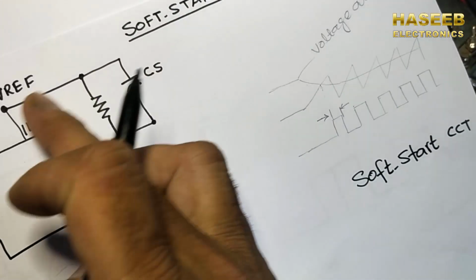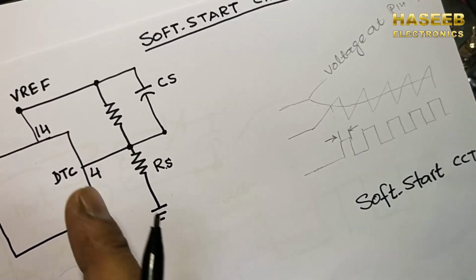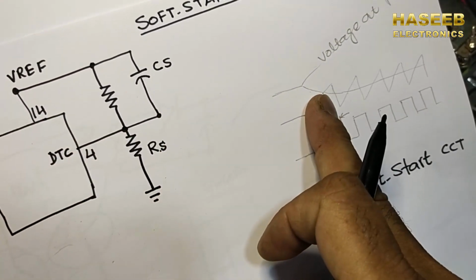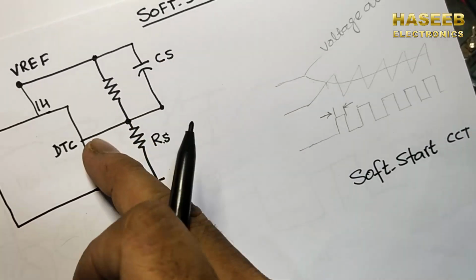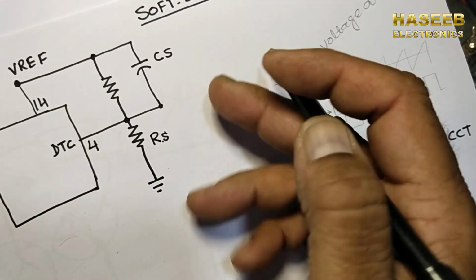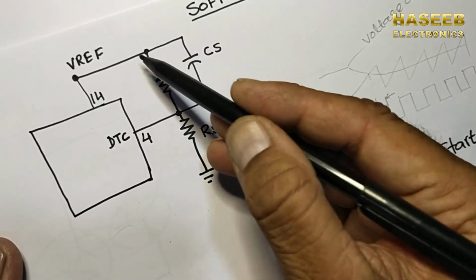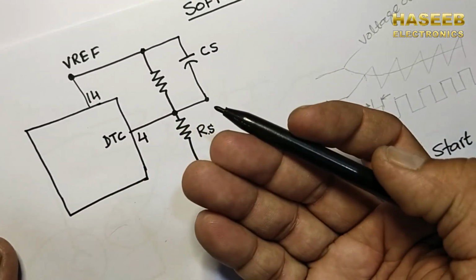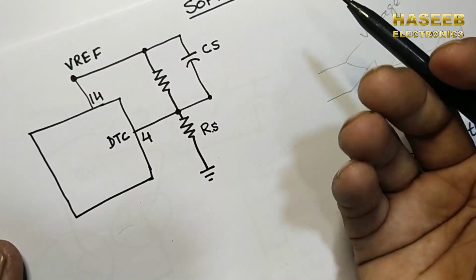To make this IC a soft start, it is the same as the dead time pin. A capacitor here at pin number 4 and V reference is connected. When the circuit is off and we turn it on initially, the empty capacitor works as a short circuit.